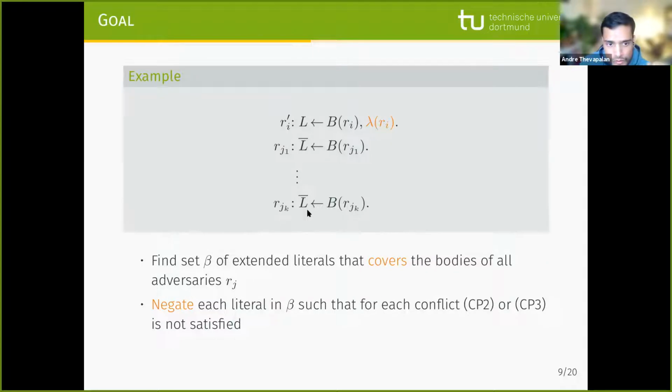So how can we find a lambda extension? We define a set beta that contains at least one extended literal of each adversary. Then we take such a set beta and negate every literal in it. And then we should get such a lambda extension.